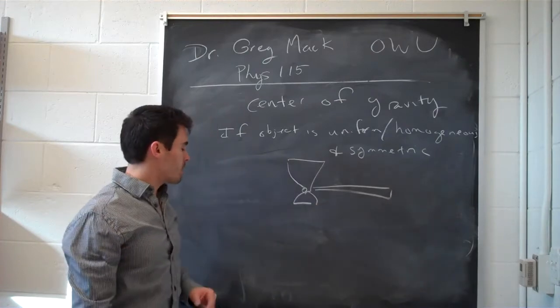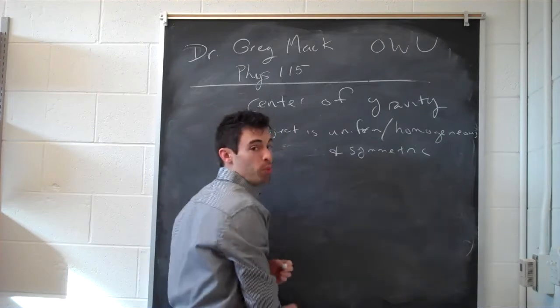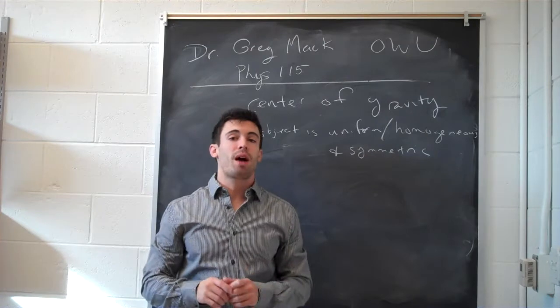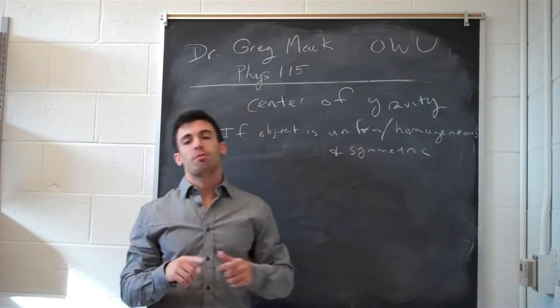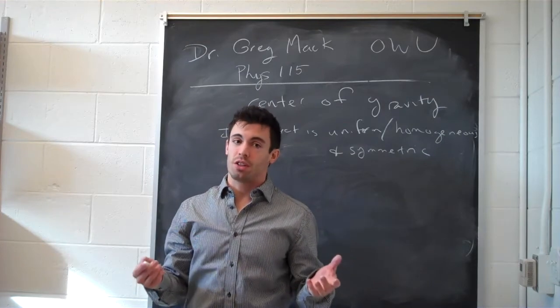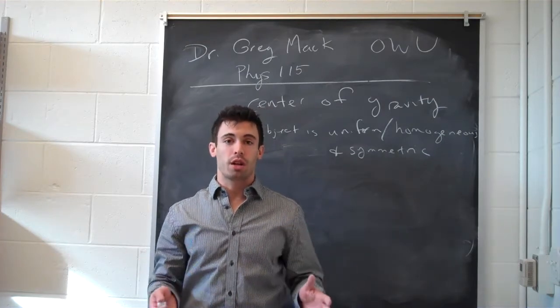And it's easier to think about this in terms of breaking it into a number of particles. As I was mentioning in class, you'd have to find a center of mass in the x direction, in the y direction, and in the z direction, and those would be the coordinates for the actual center of mass of your object.